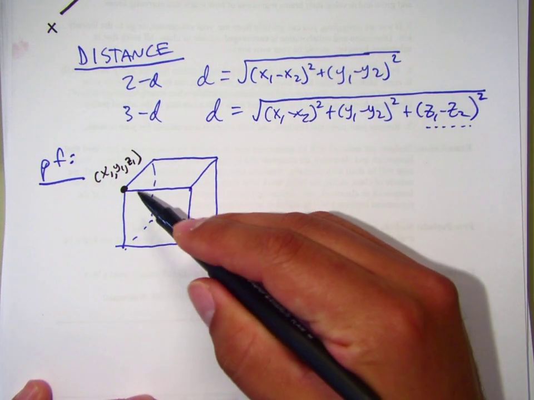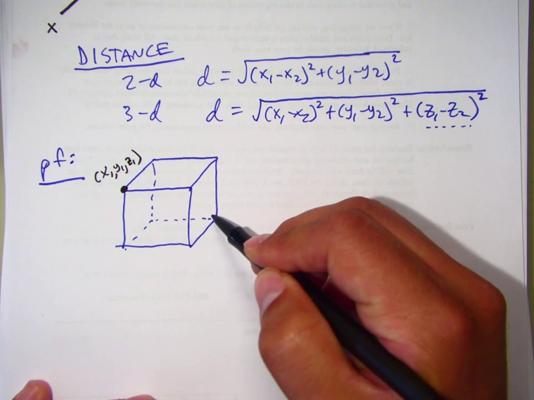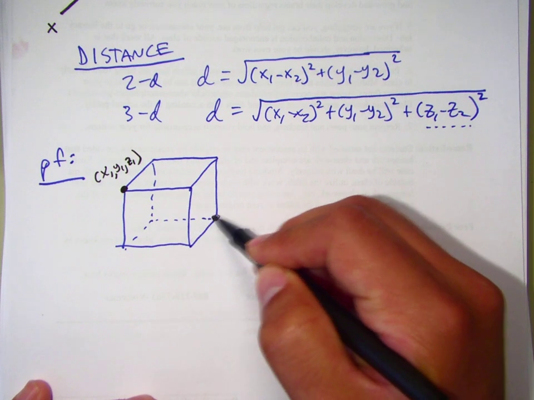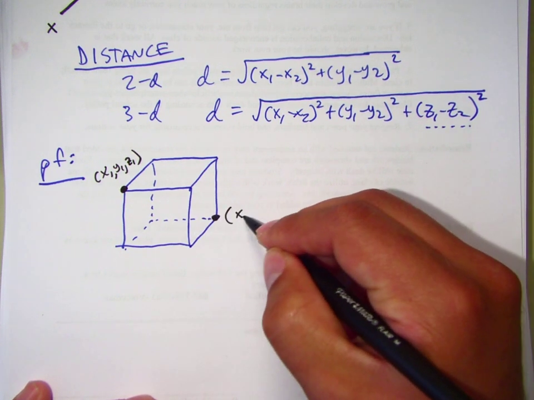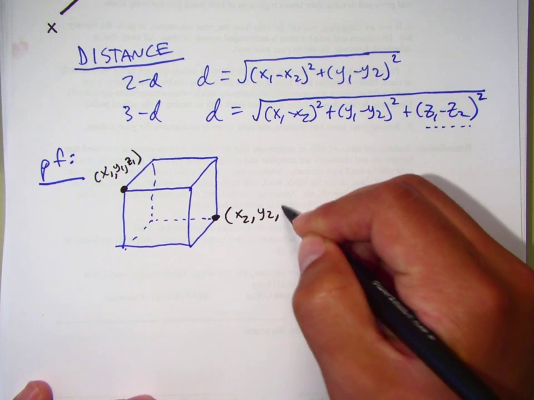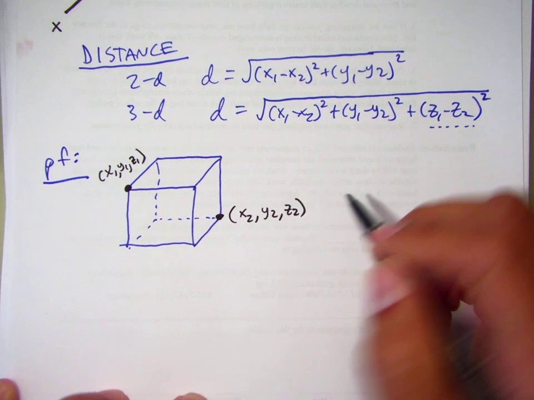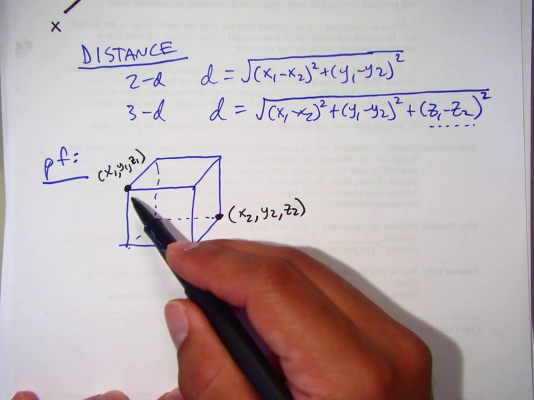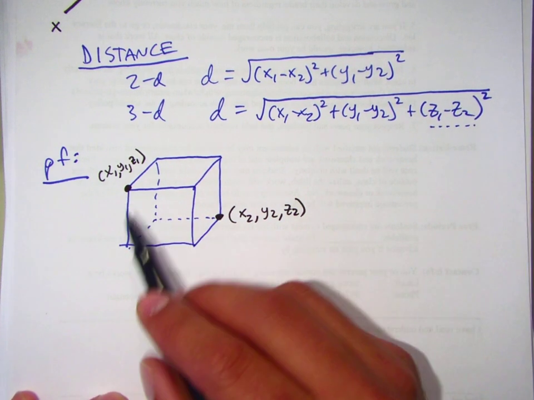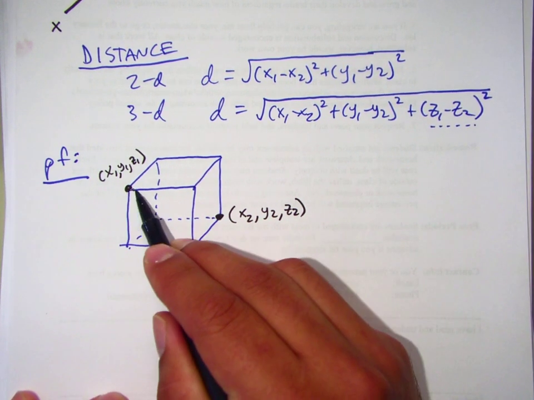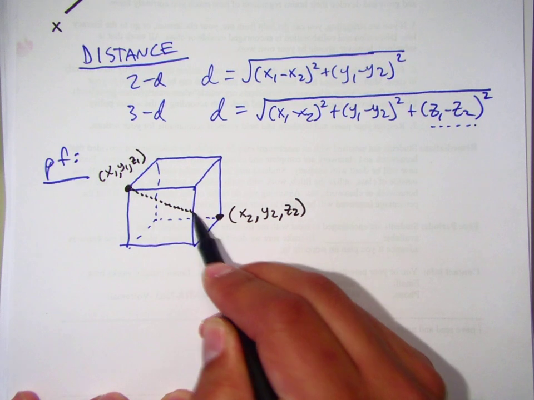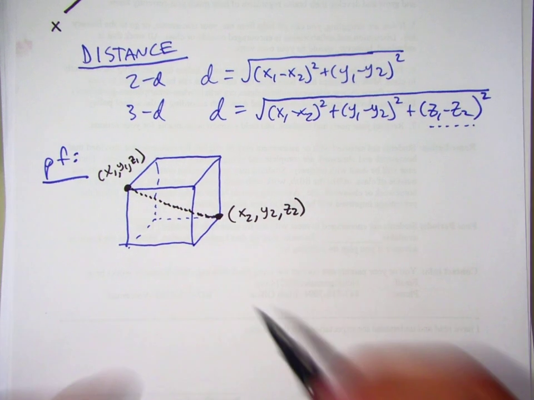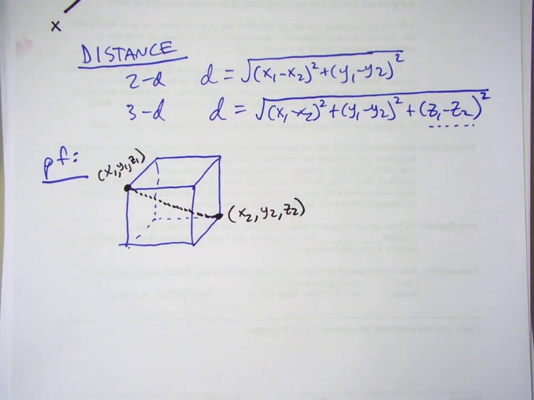And then let's label all the way across and down back right corner. Let's label that x2, y2, and z2. Now, if we're trying to derive the distance formula, then really what we're trying to do is find this length from top left corner to back right corner. Do you guys see any triangles we could create that might help us along the way?